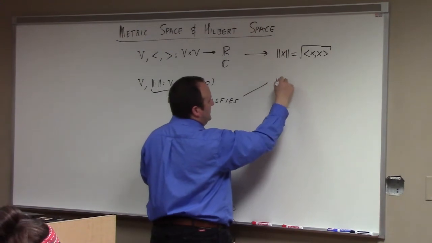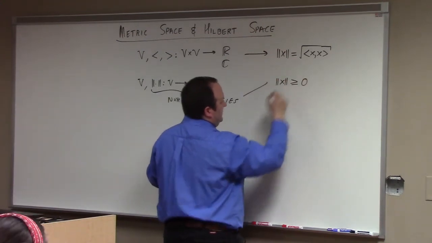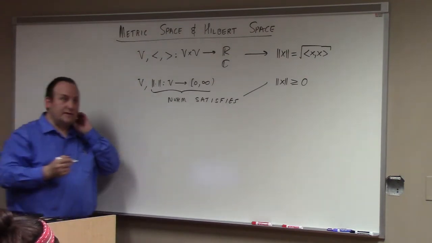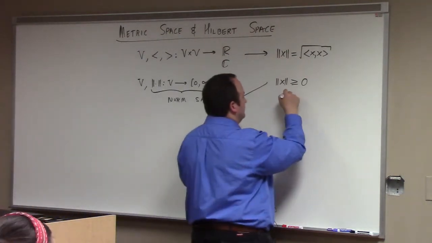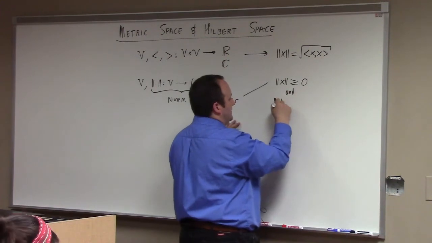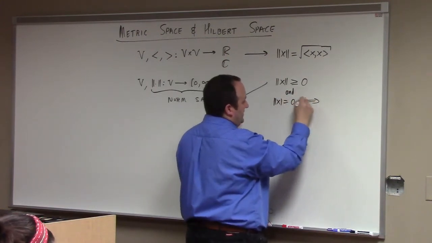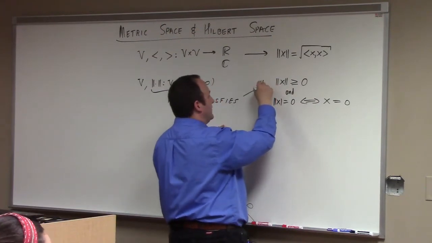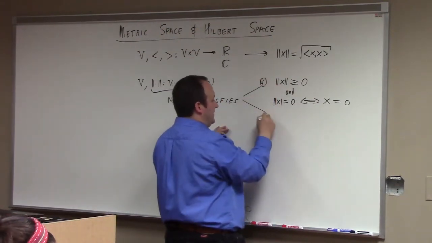First of all, the norm is non-negative, and the norm of x equals 0 if and only if x equals 0. That's usually listed as the last thing, but I'll do a countdown 4, and then 3.